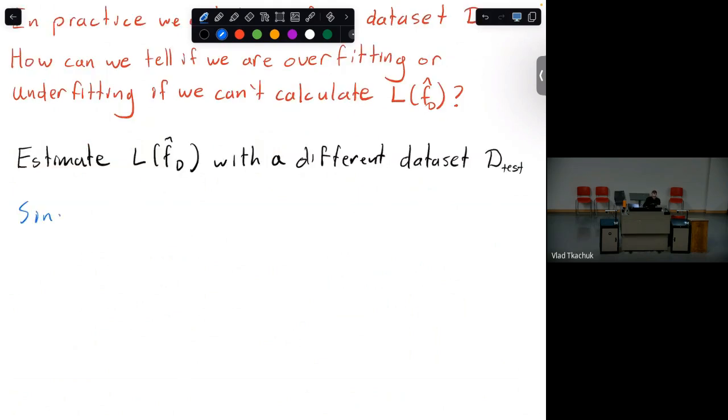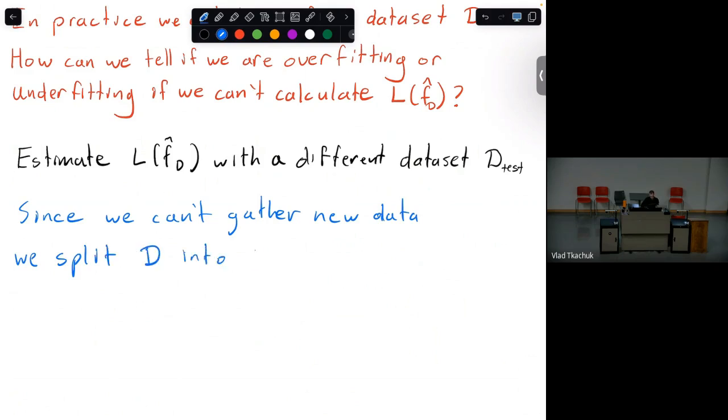Okay. So that's what's going to happen. Since we can't gather new data, we split D into D train, comma D test. This is called your training test split.